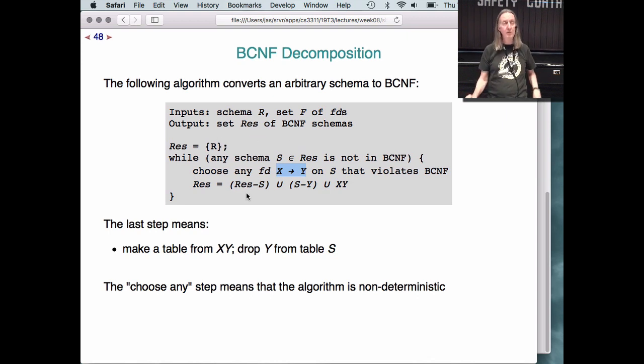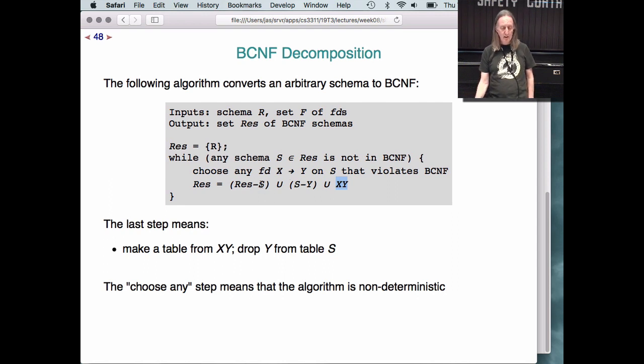Alright, so what do we do? Basically, we take that table, S, and split it. So we remove S from the original set of tables, so that's what that's talking about. And then we create a new table that doesn't have any of the attributes from the right-hand side in that table. And we also create another table that simply has the attributes from the functional dependency in it.